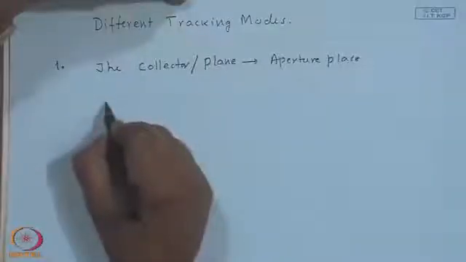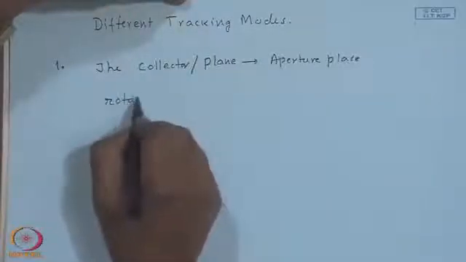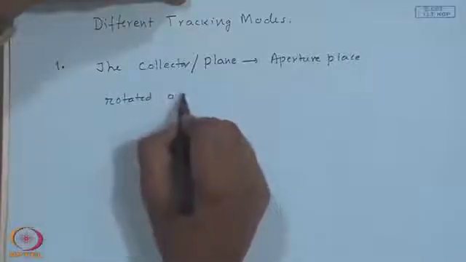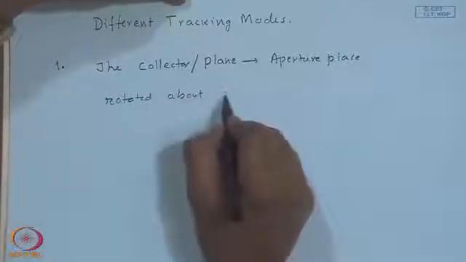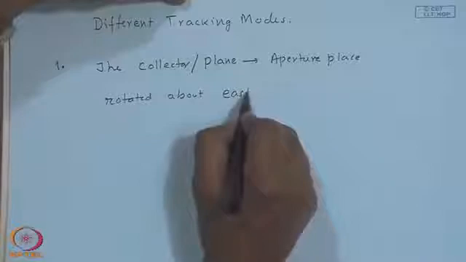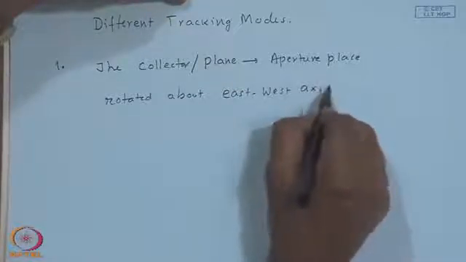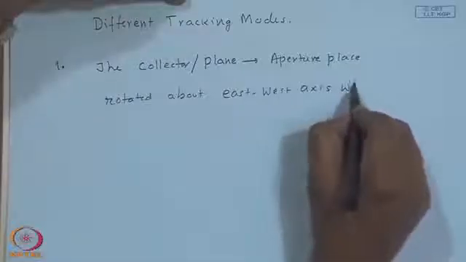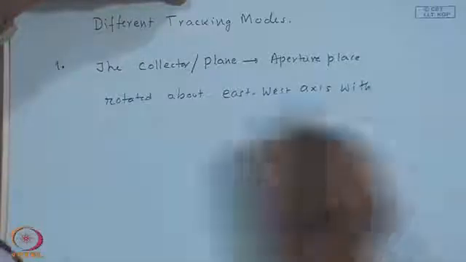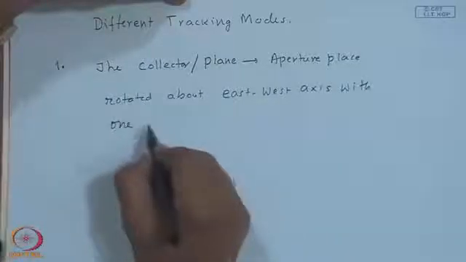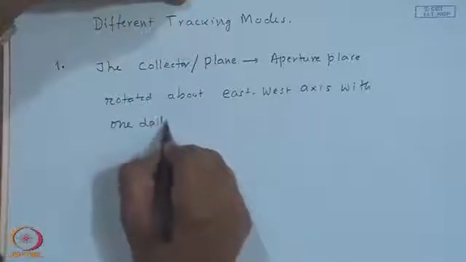So, the collector or the aperture plane rotated about an east west axis with one daily adjustment.